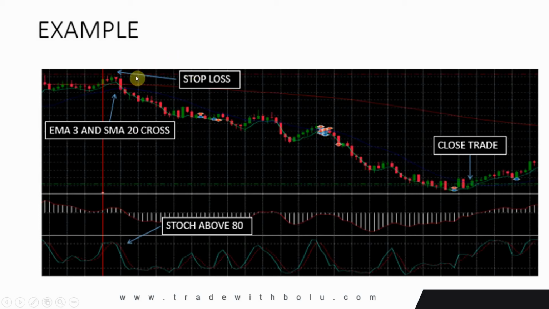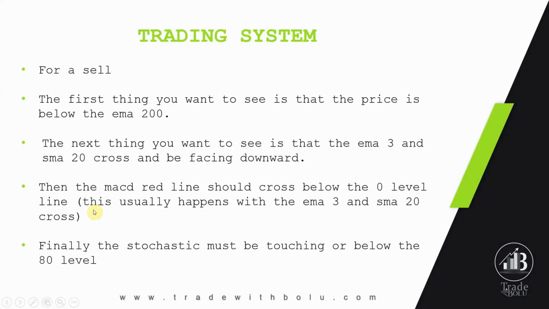Then we're going to have the 3 moving average and the 20 moving average cross. After the cross, we're expecting to see the MACD above zero this time, because it's going to be for a sell. You can see it in the above zero region. The MACD line should cross below the zero level, and this usually happens.